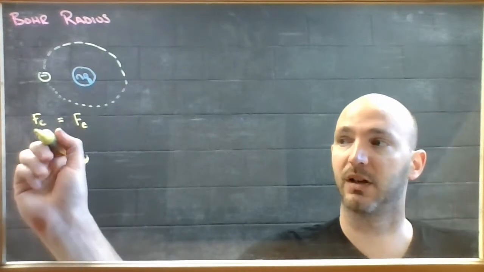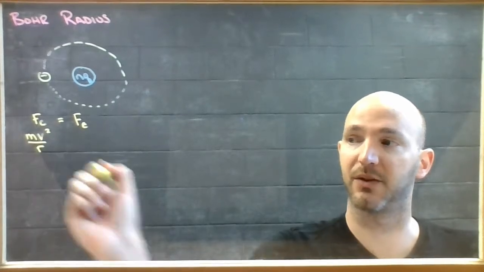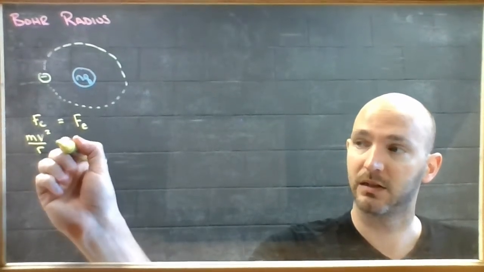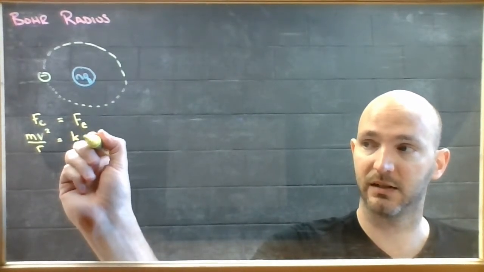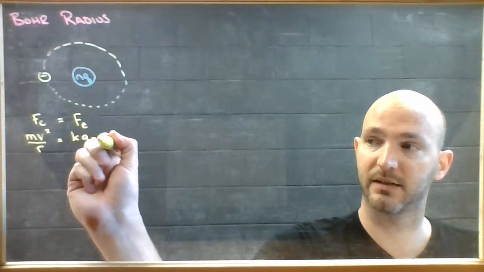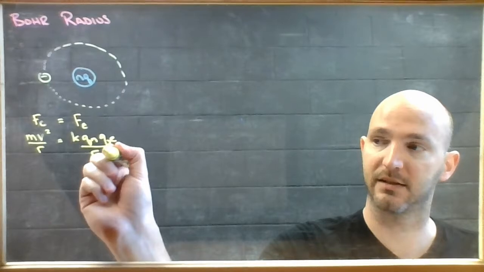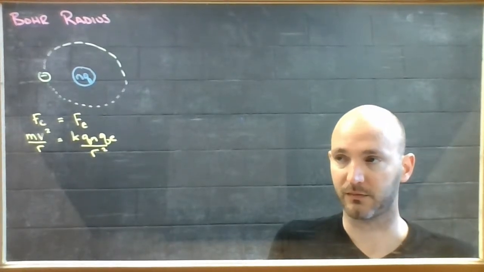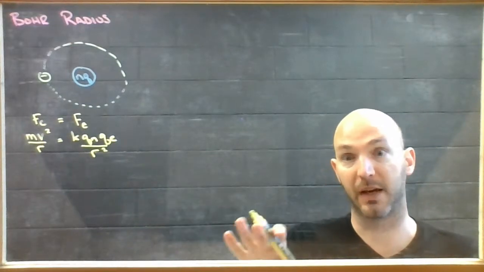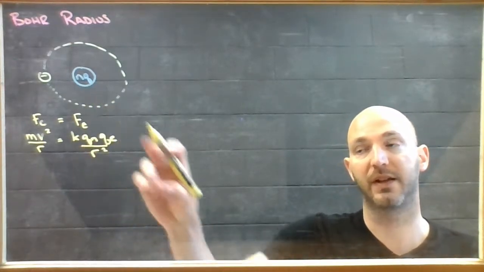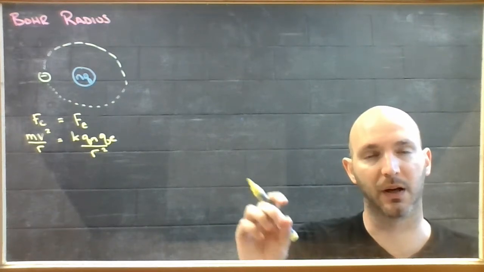Centripetal force was mass times the speed squared divided by the radius of the orbit. Our electrostatic force, we figured out, was k, q of the nucleus, q of the electron, divided by the radius squared. Now the charge of an electron is just the basic charge, and the charge of this nucleus is some number of the basic charge.